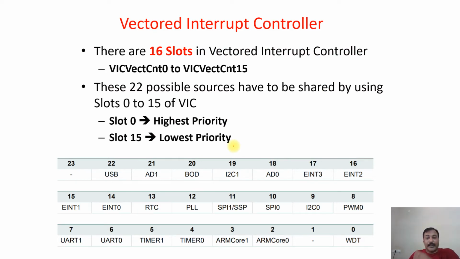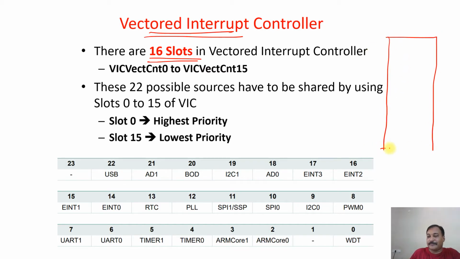Next one is the most important, the vector interrupt controller. The vector interrupt controller is something similar to our name board that we discussed. This vector interrupt controller consists of 16 slots. This name board consists of 16 slots, each in turn divided into 4.